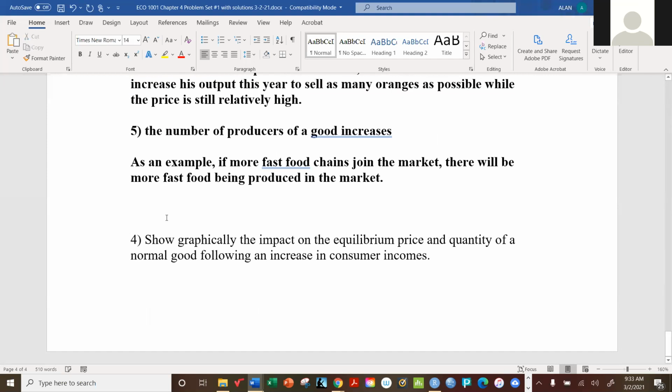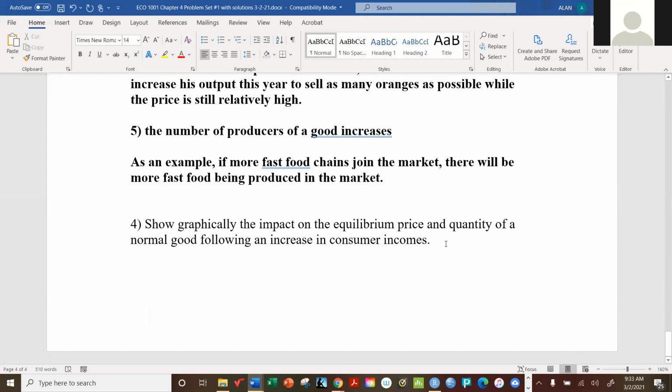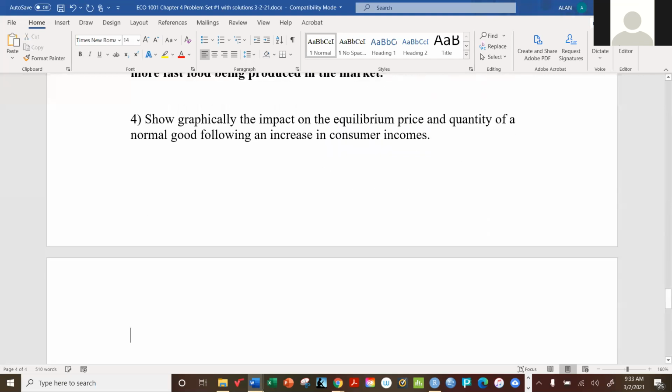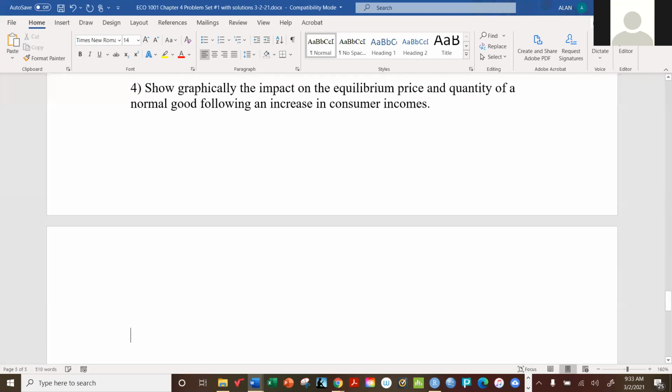All right, well, you know what that means. All you have to do is first figure out what curve is shifting and in what direction, and then show it. So clearly, since this is a normal good and there's been an increase in consumer incomes, whatever this good is, people will want to buy more of it. So this has nothing to do with the cost of production.